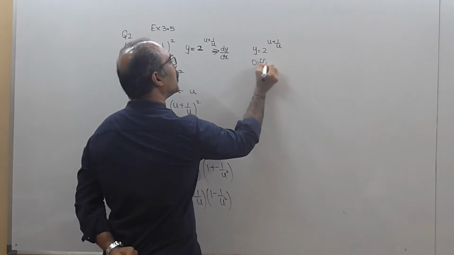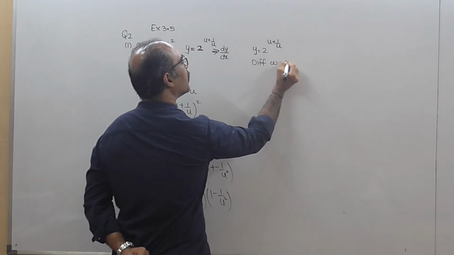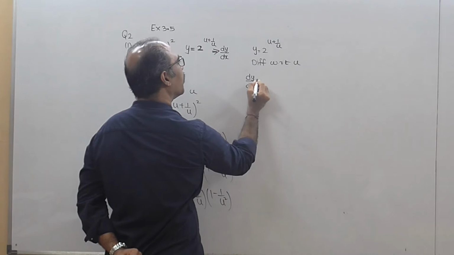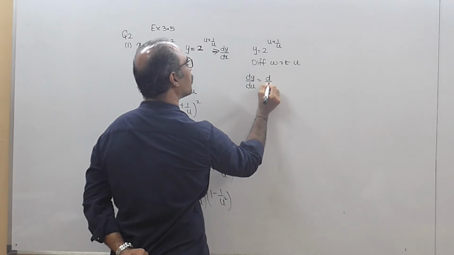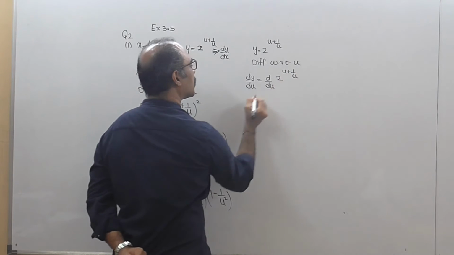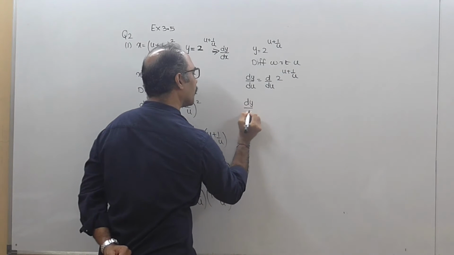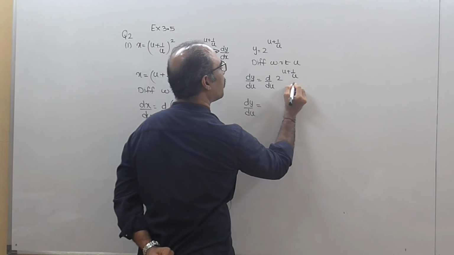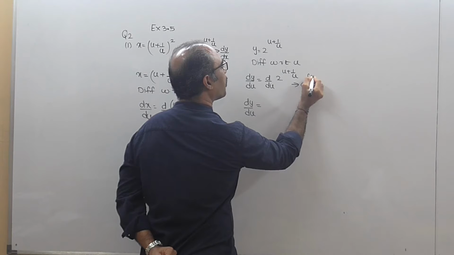Again you differentiate with respect to u. So we get dy by du equal to d by du of 2 raised to u plus 1 upon u. Dy by du equal to, this is in the form of a raised to f of x.